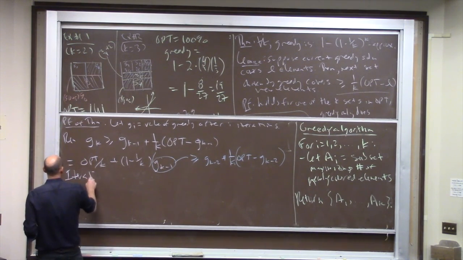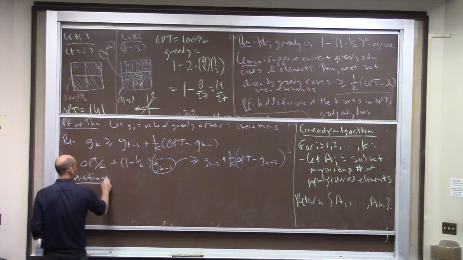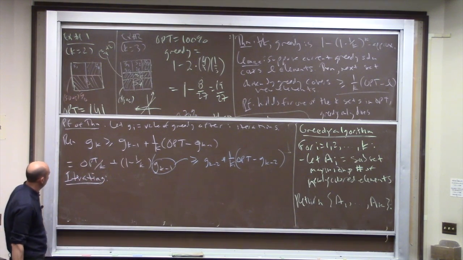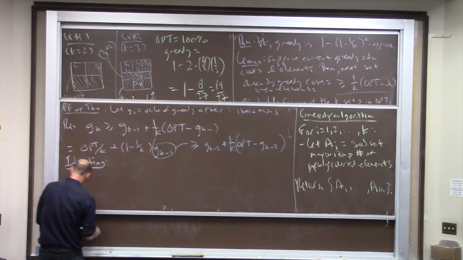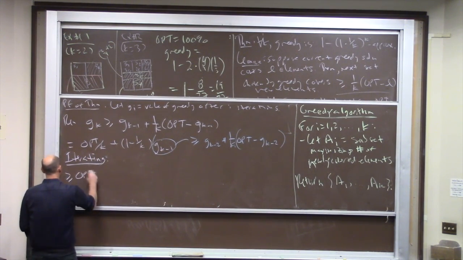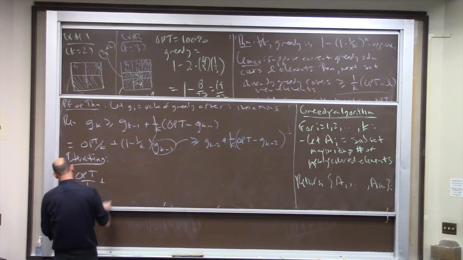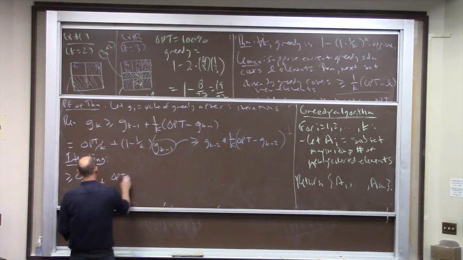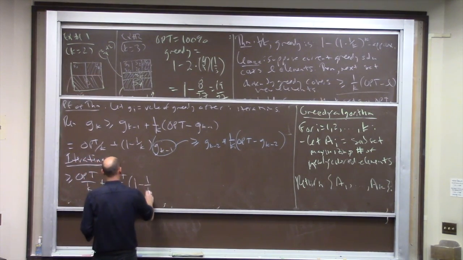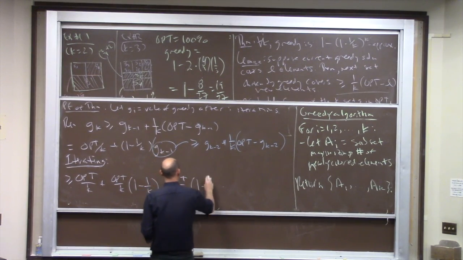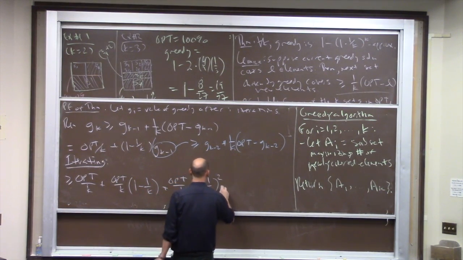Okay, so when you iterate, what do you get? You get at least opt over k plus opt over k times 1 minus 1 over k plus opt over k times 1 minus 1 over k squared, and so on.